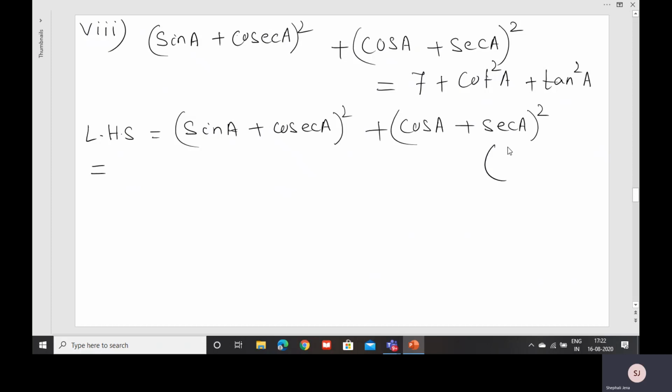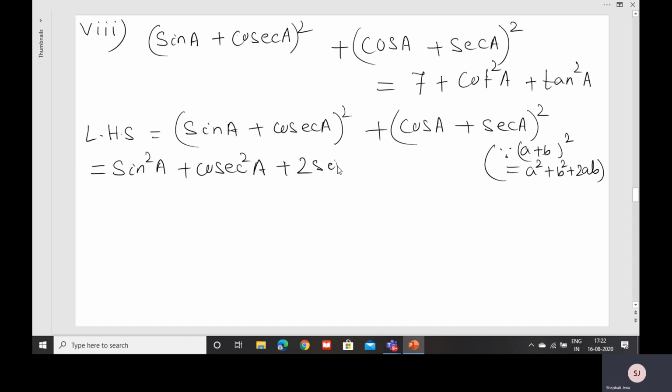You write which formula you are using: A square plus B square plus 2AB. Like that, A is your sin A, B is your cosec A, and you write sin square A plus cosec square A plus 2 sin A into cosec A.